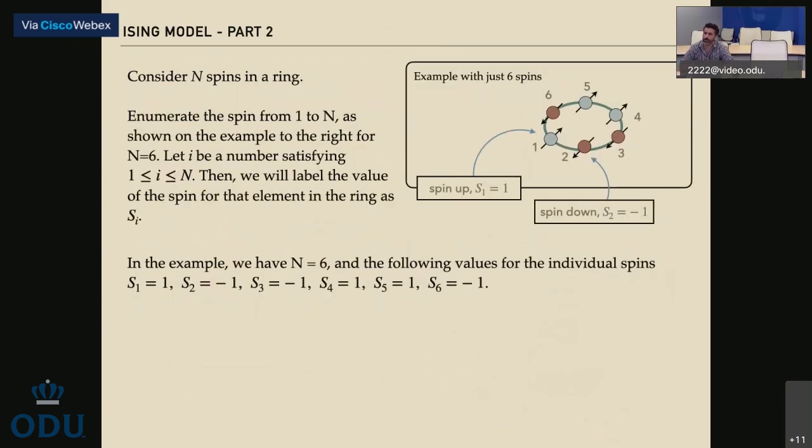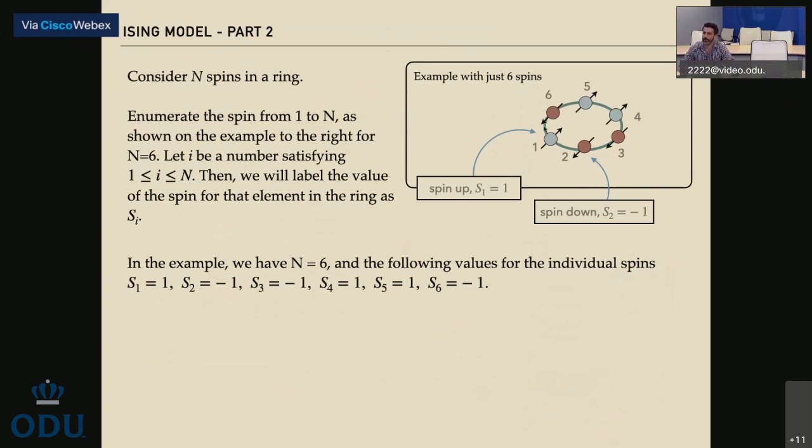And so what we're going to do to mimic this system is that we're going to consider n number of spins. N can be any number. It has to be an integer number because we can only have an integer number of spins in a ring. So we're going to put them in a ring. So here's a little cartoon of what I'm thinking about.